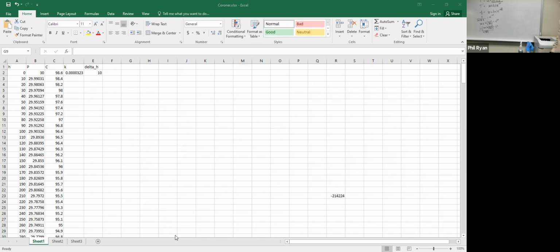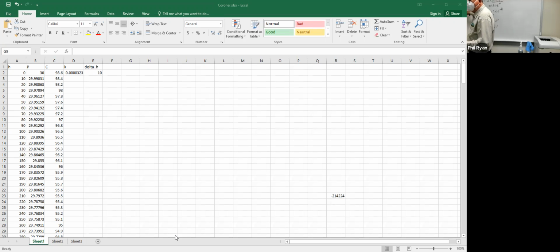Right, so in this one here, the rule of thumb is that the pressure drops 1 inch for every 1,000-foot increase in height. So if it drops 1 inch for every 1,000 feet, how does it drop every 10 feet? Anyone? It drops 1 inch in 1,000 feet.